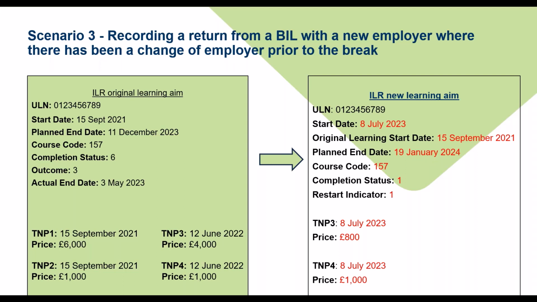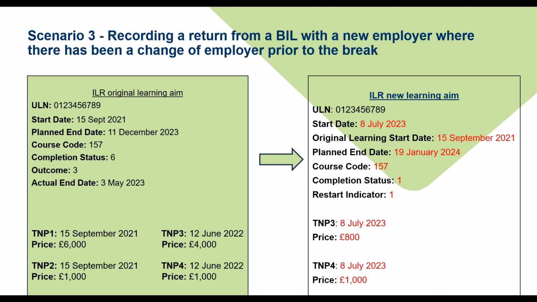And we can see there that this is declared in the TNP1 and TNP2 records. There was then a change of employer in June 22, and the cost at that time was agreed with the second employer at £5,000 because this is declared in the TNP3 and TNP4 records.